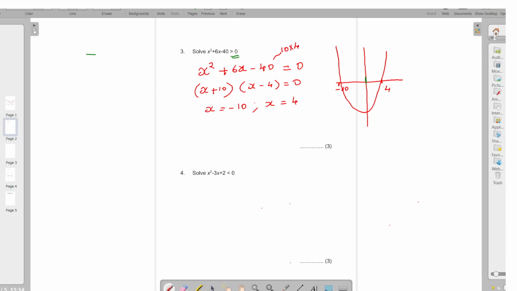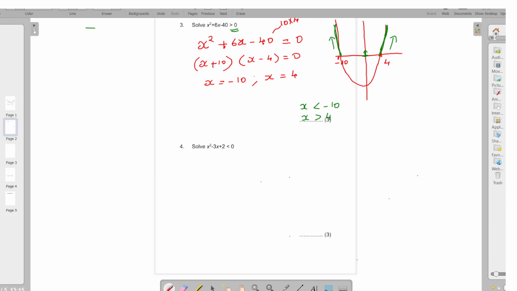So this part above this line is greater than 0. So the highlighting part is this. So how do we write the inequalities? x is less than minus 10 and x is greater than 4. Let's look at question 4.